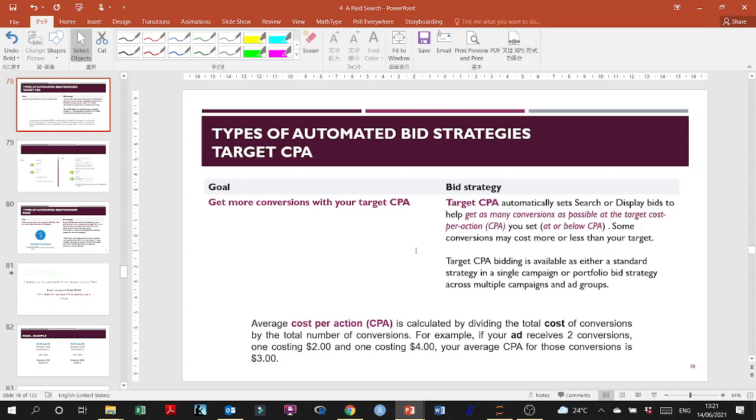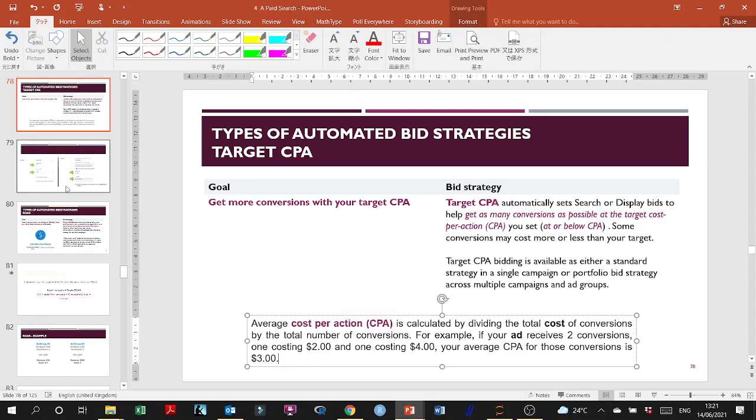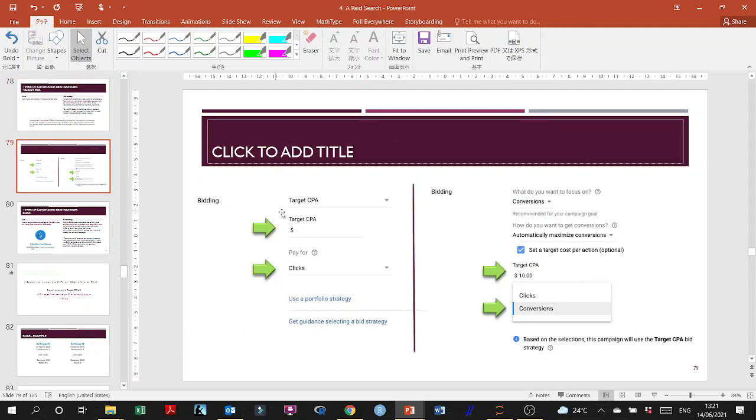So if your cost structure allows for $3 in marketing for this keyword that is related to a certain page or product, then you can set it accordingly. All right, so we also talked about this in class.